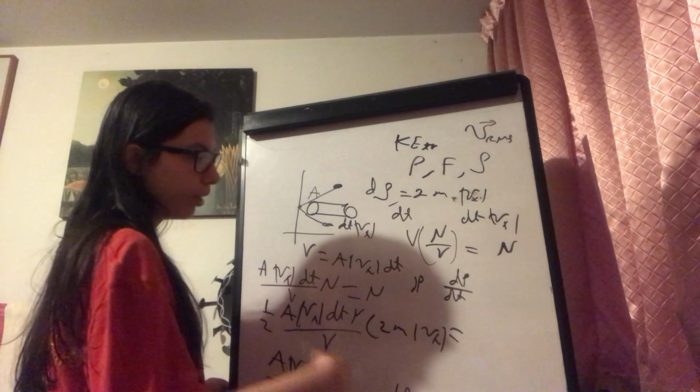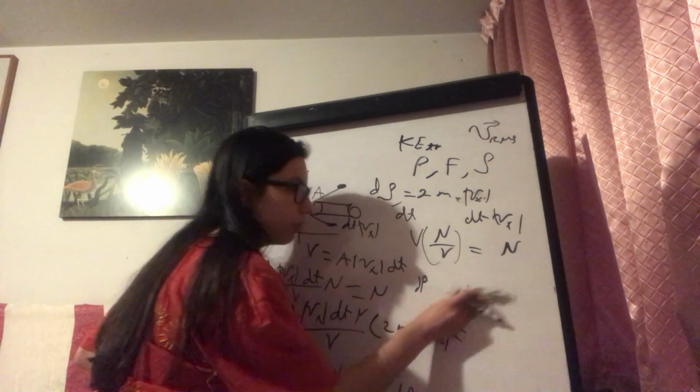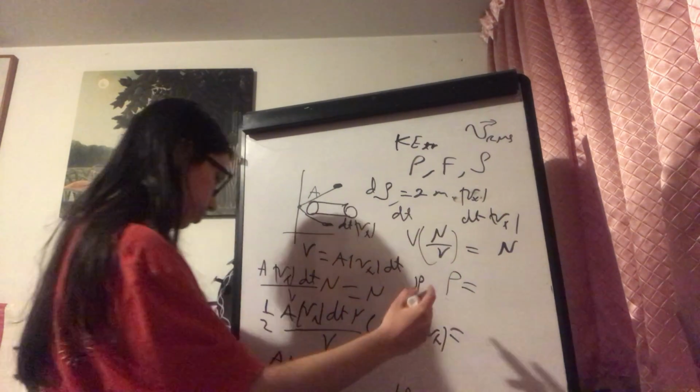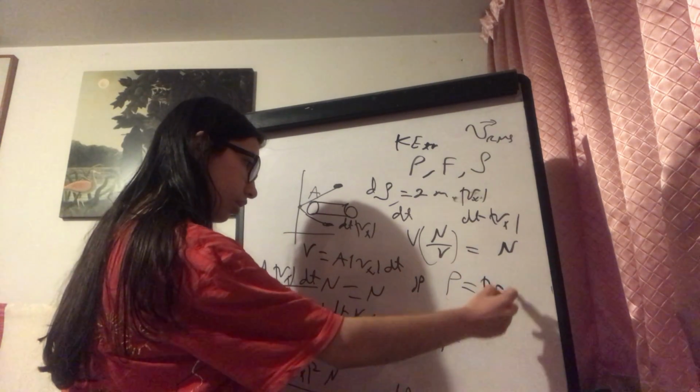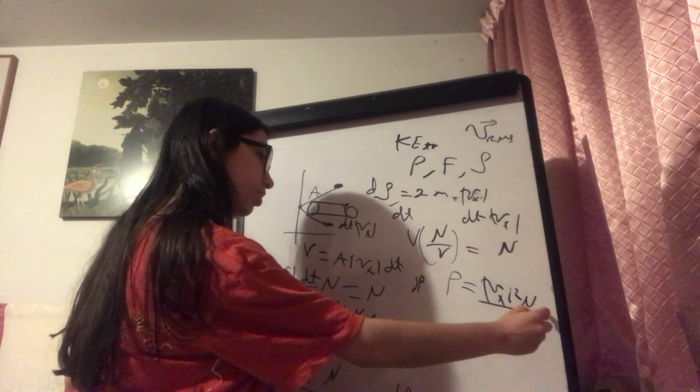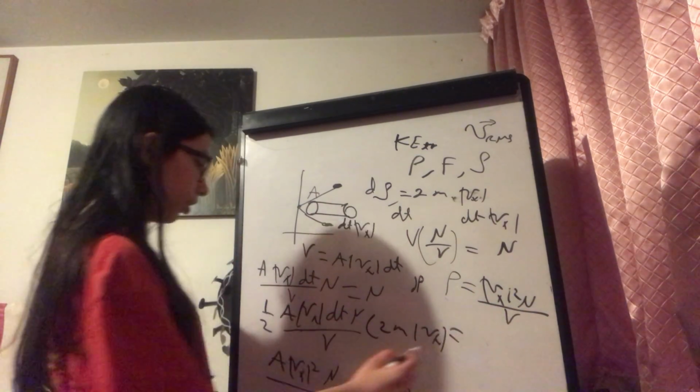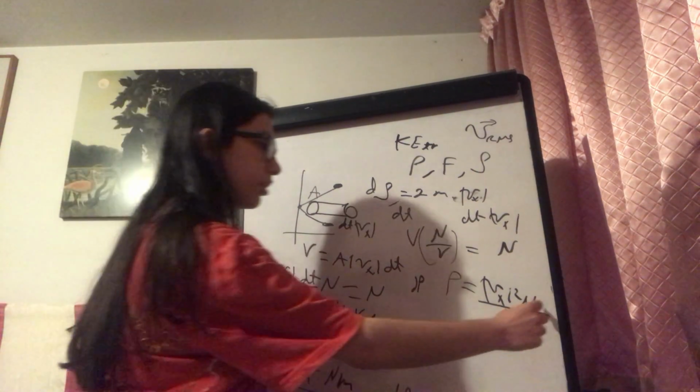So force divided by area is pressure. So we have pressure is equal to the velocity squared times the number of molecules divided by the volume, and here I forgot to put the mass.